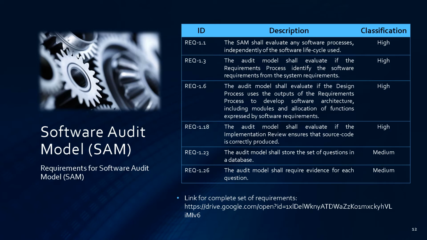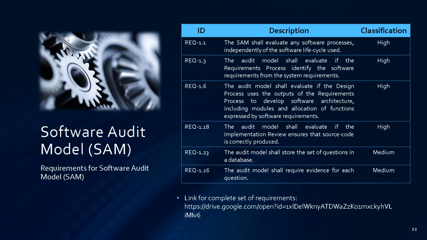Requirement 1.3 is related to the software requirements process and one of the goals that are expected to be evaluated in this phase. Requirement 1.6 is related to the software design process and requests an assessment related to flow down the requirements into the architecture, including the modules and the allocation of functions.